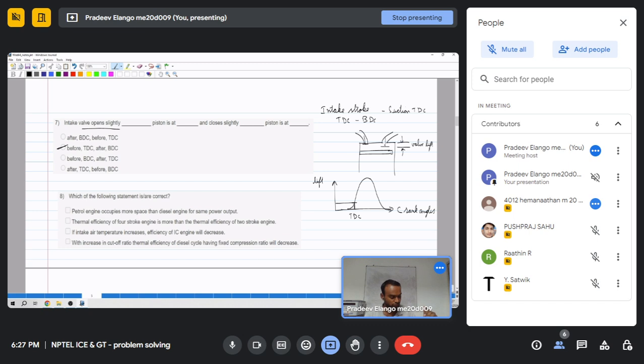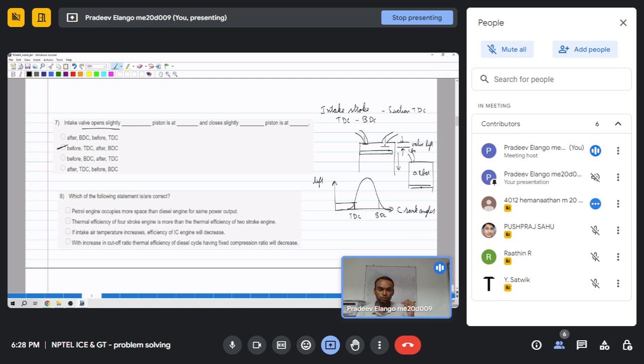Similarly, we close after BDC. This is because when the piston is moving downward at a faster rate, there will be some subatmospheric pressure inside the compression chamber. Say at BDC the pressure will be around 0.8 bar, whereas atmospheric pressure in the intake manifold is 1 bar.